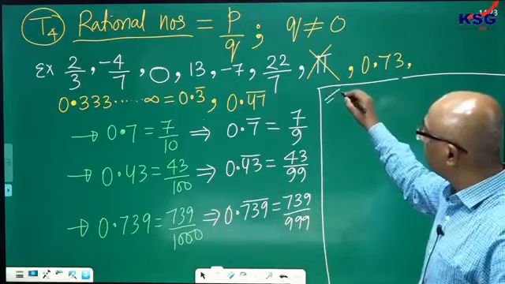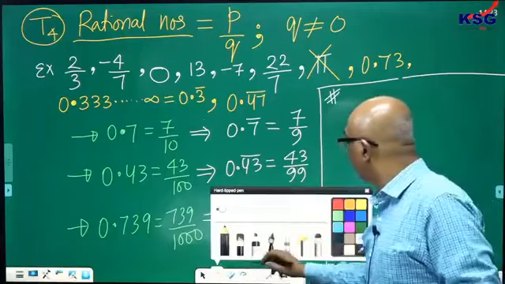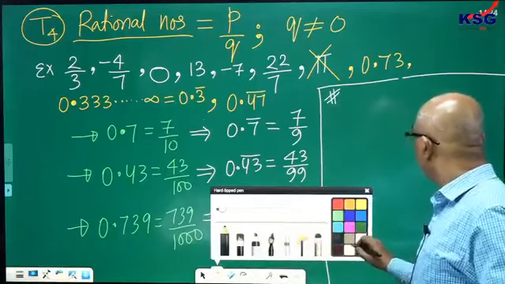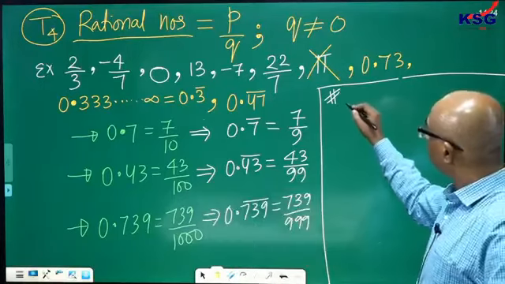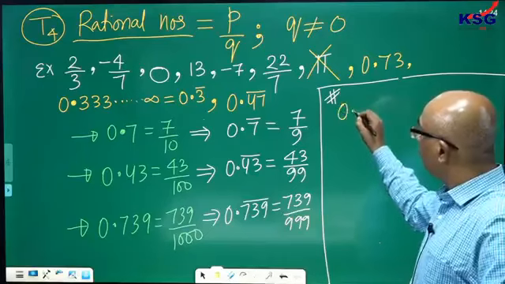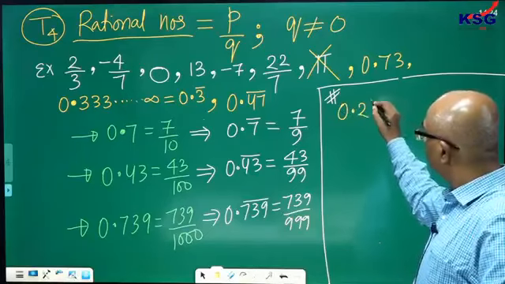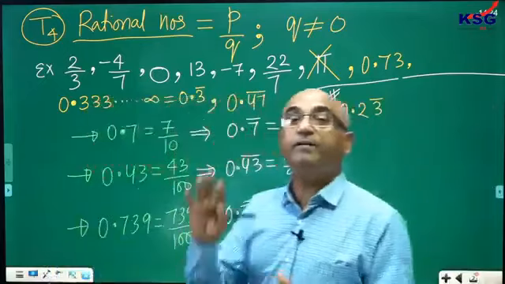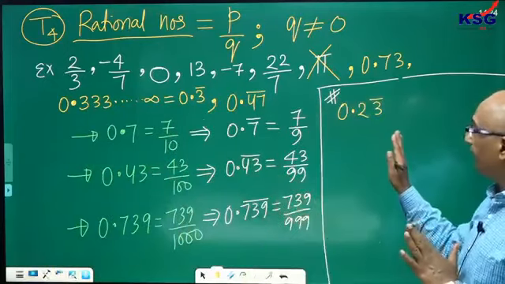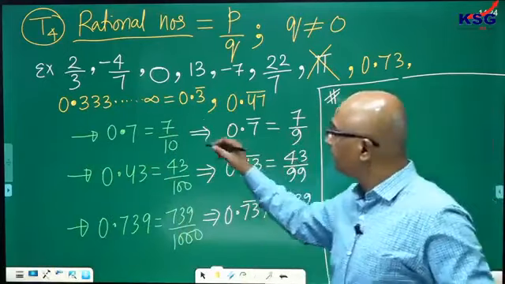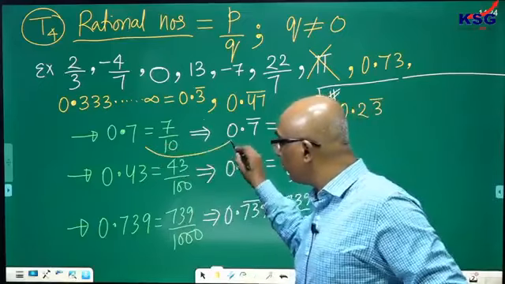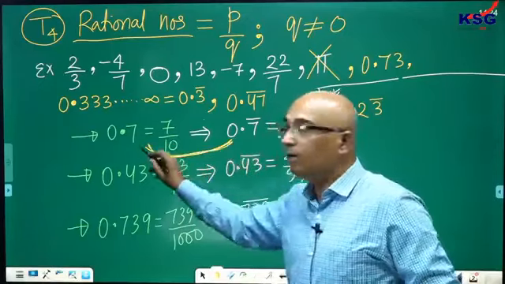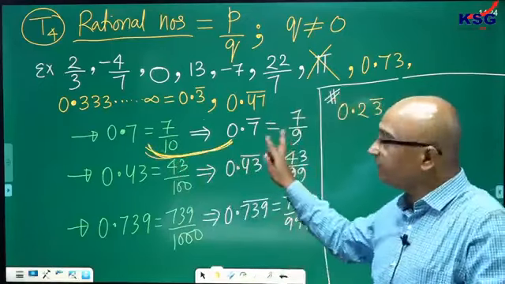See one example. If the number is a little different, see this. If the number is 0.23 bar, 2 is free from the bar, whereas 3 is under the bar. In this case, you need to combine both ideas, the normal decimal as well as the recurring decimal.